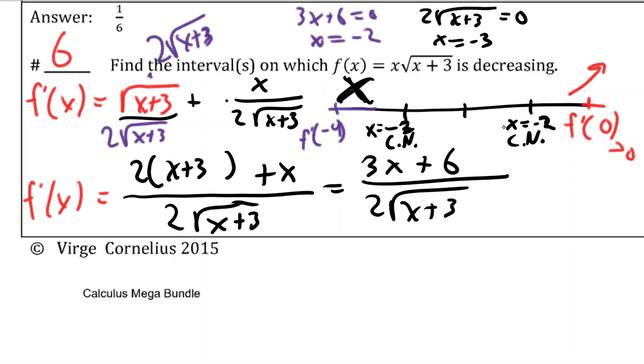Okay, and then this one's a little scary because between negative 2 and negative 3, we could try negative 2.5. That's a little harder to do without a calculator, but that would make the numerator negative, the denominator positive. A negative divided by a positive is negative. So when is my graph decreasing?